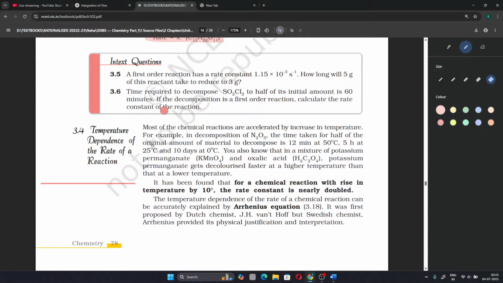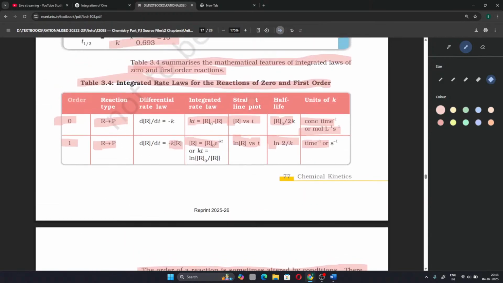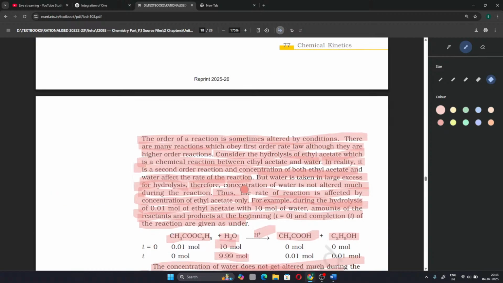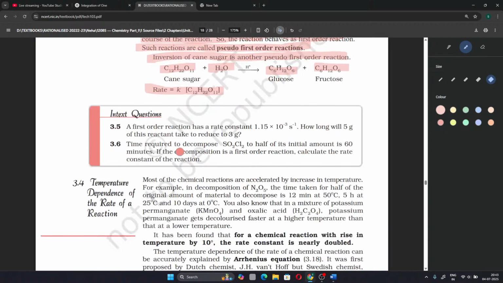They are asking the time, so yes, we should use that formula only. This is similar to the half reaction, so we use the same formula. Everything is given except time, so we substitute. Since they didn't give the concentration, we can take it to be around 1 liter or 100 ml or whatever we want.